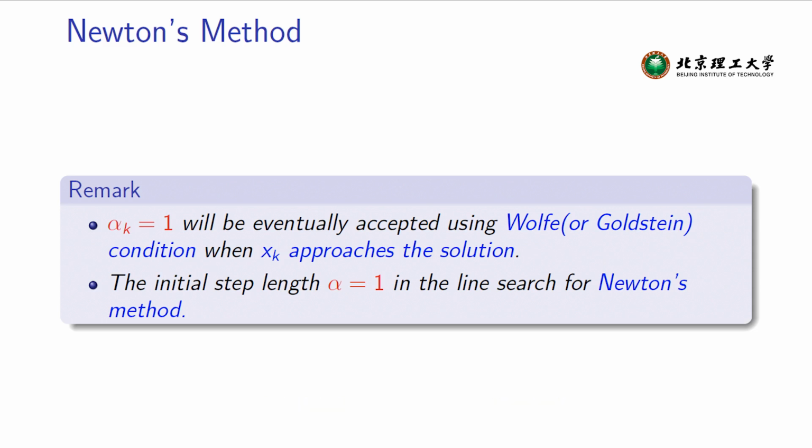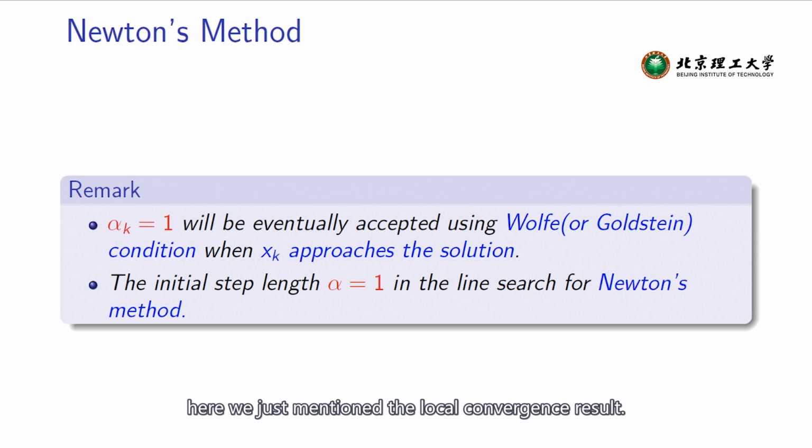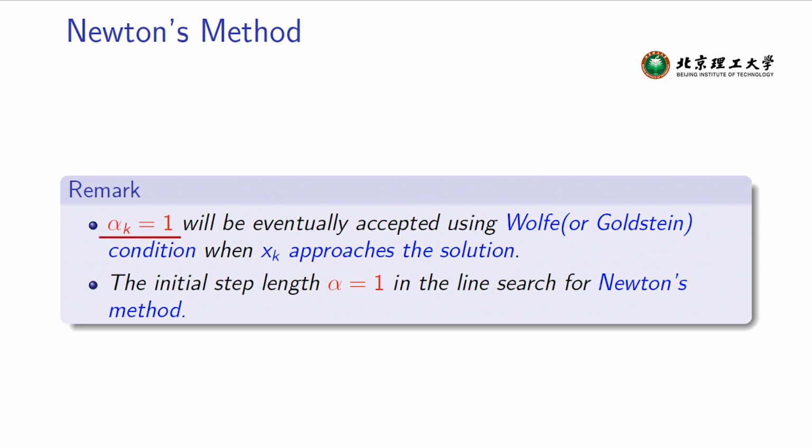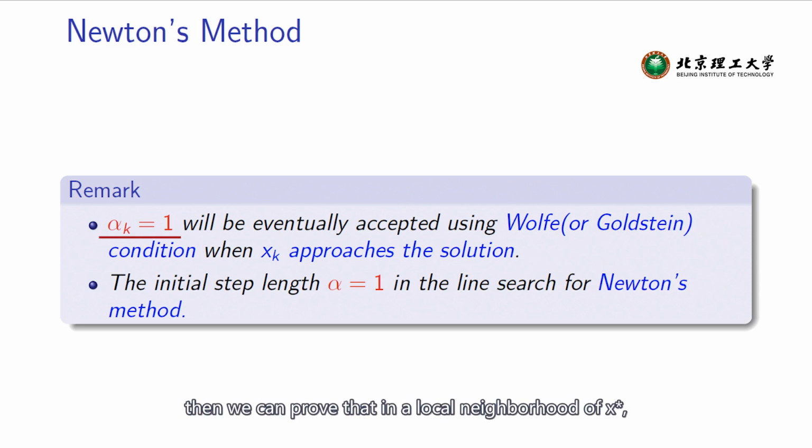However, here we just mention the local convergence result, so we choose the unit step length. And actually, we can show that when we choose the Wolfe condition or another inexact line search step length, then in the local neighborhood of x*, the unit length will always be satisfied. So this is a very special phenomenon for Newton's method.